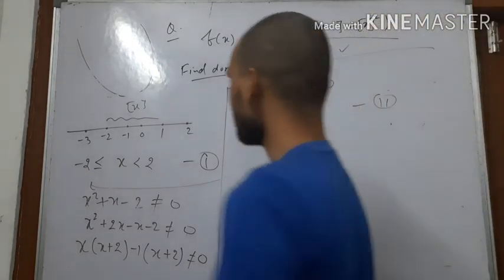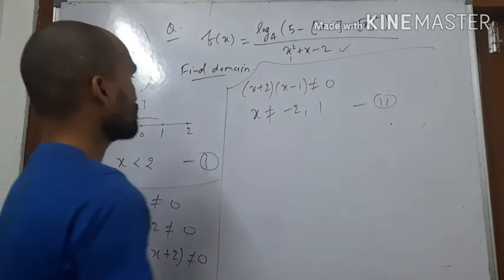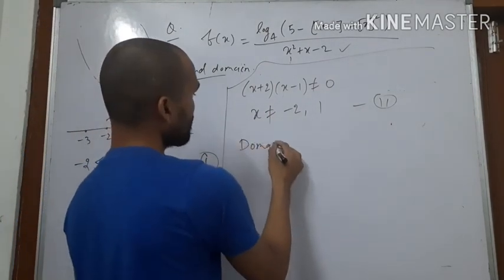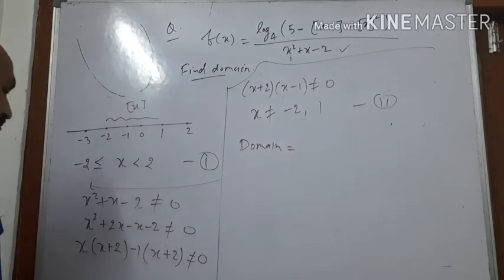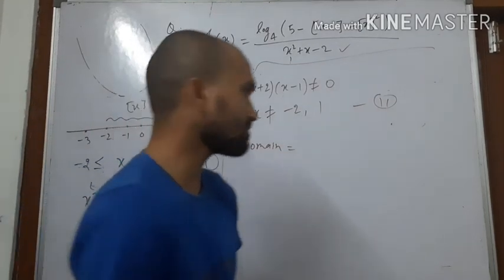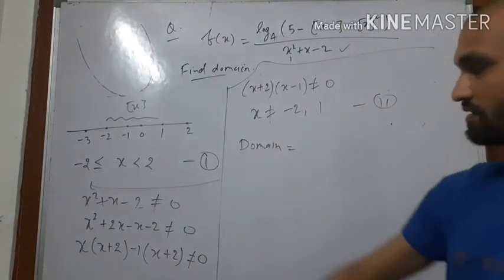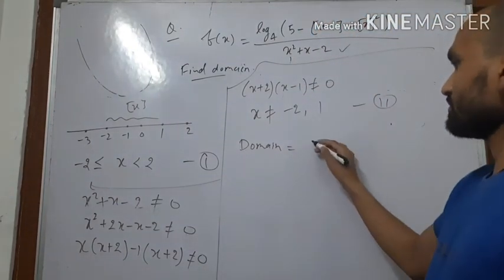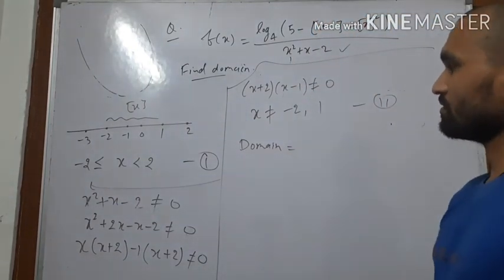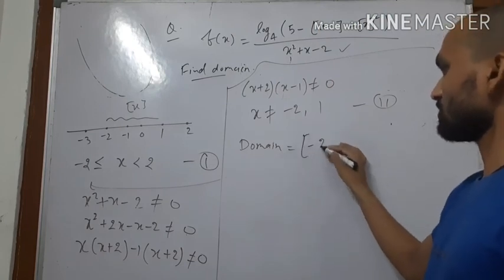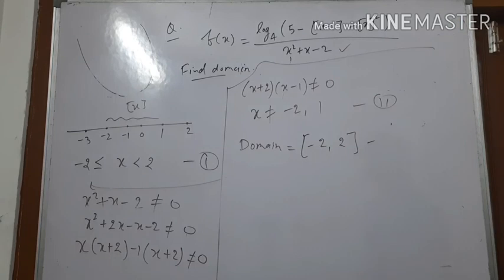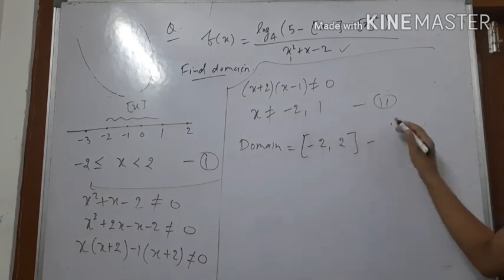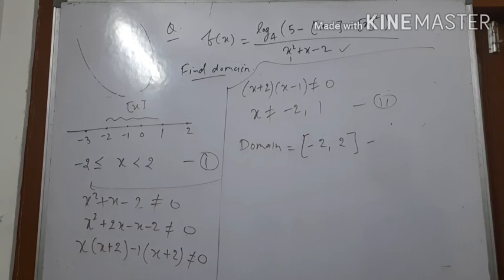So our domain will be all values of the numerator minus the values of the denominator. The numerator values are from closed interval -2 to open interval 2, minus the values -2 and 1.